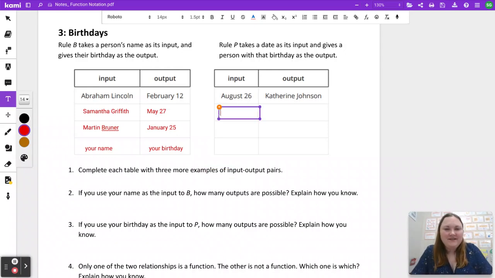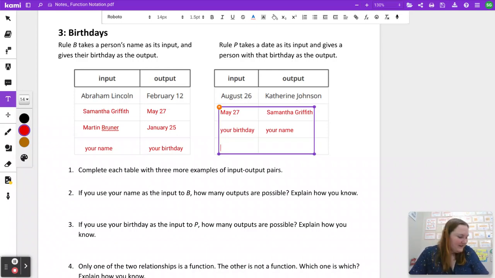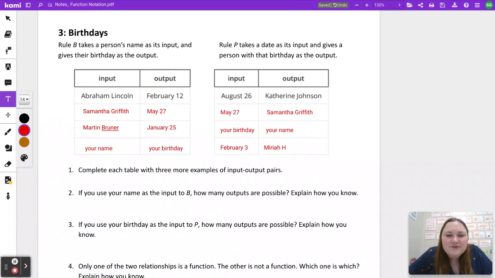So maybe I put in my birthday and possibly my name comes out because it is my birthday, right? Or we could put in your birthday, right? And maybe your name comes out. For one other example, I know Mariah's birthday. I know her birthday is February 3rd. So maybe you put in her birthday and guess what? Out comes Mariah's name. So that's how those 2 rules work.